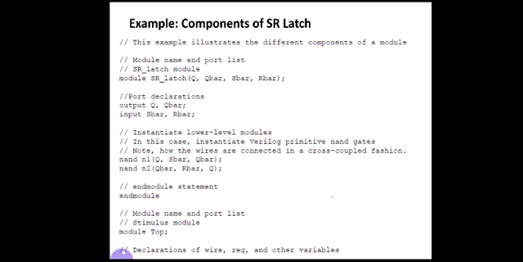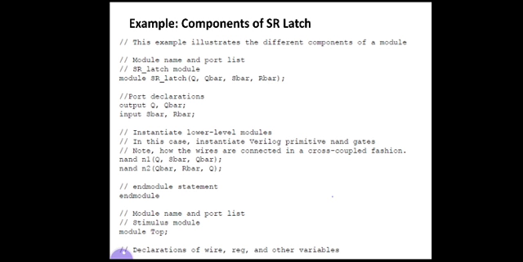Module name and port list, SR latch module. See here, module is a keyword that is the start of the program, and SR latch is the module name. As we are doing the SR latch example, we have used the name SR latch. This is a user defined name, any identifier it is.